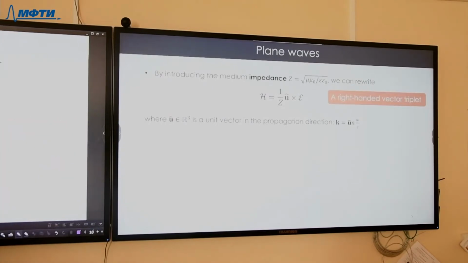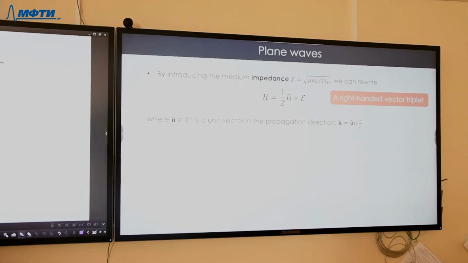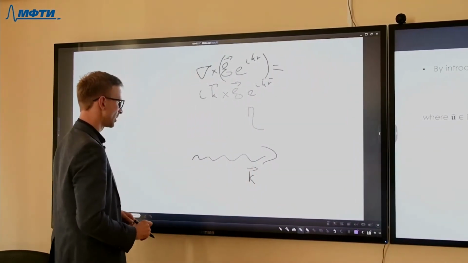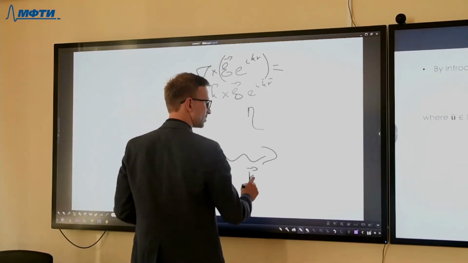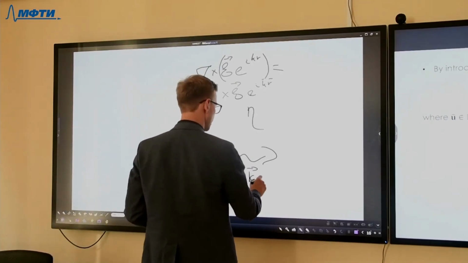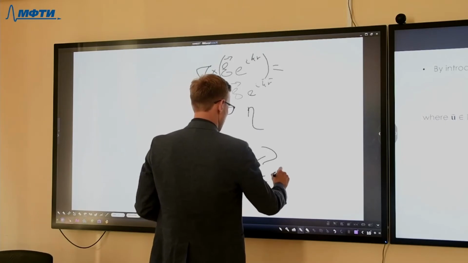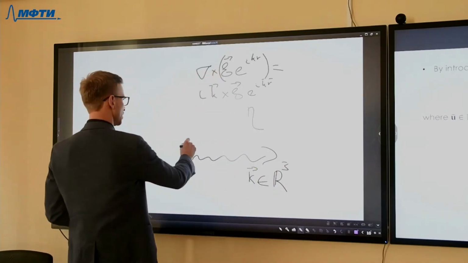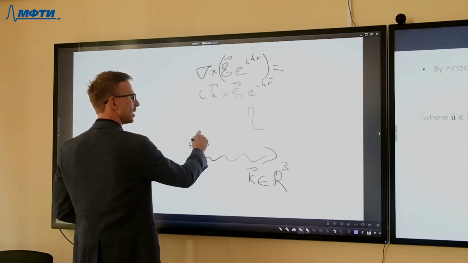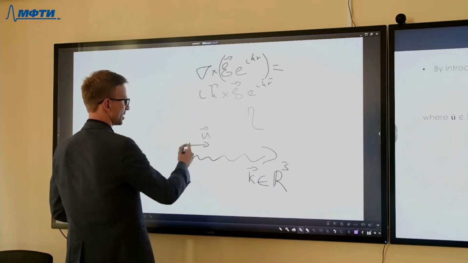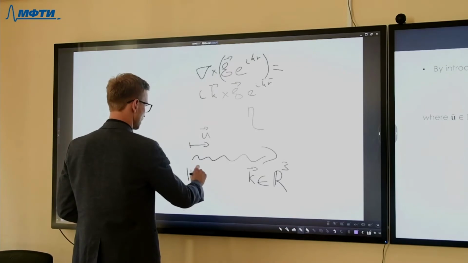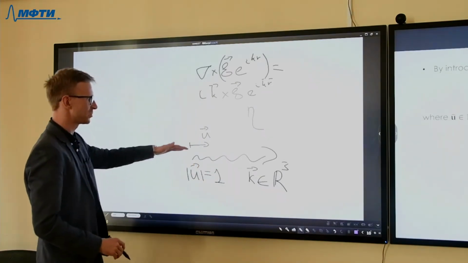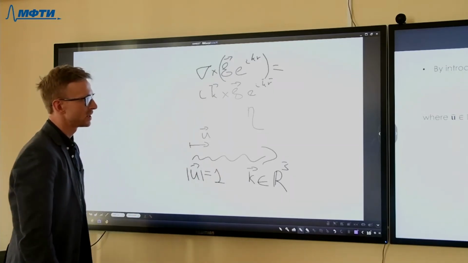So if we have a wave propagating this way, and this is the wave vector, and remember that so far the wave vectors are real, in R3. And now we introduce a unit vector u, which has a unit length, so its magnitude is 1, and the unit vector is collinear to k.